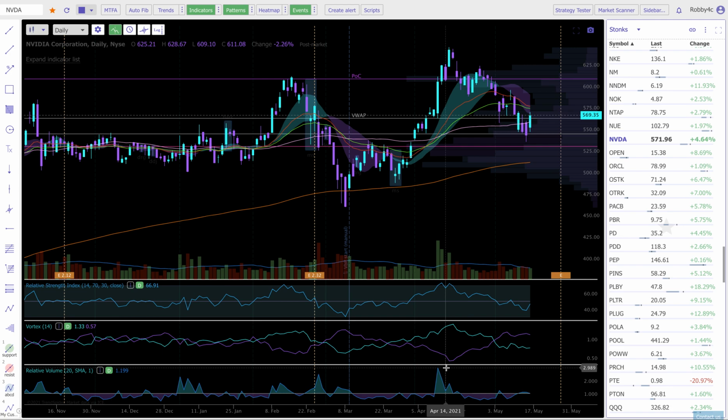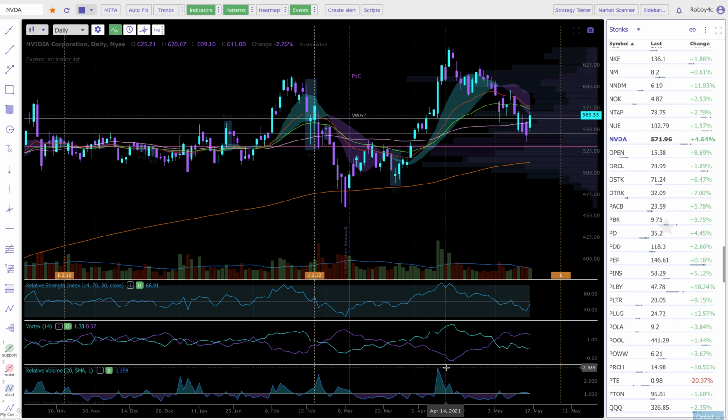Okay, so we're going to go over a form of seller's exhaustion, and you can use this for swing trading, day trading, scalping. It just depends on what time frame you're on, and this works on every time frame. So basically sellers are driving the price downwards, and buyers aren't really fighting it.